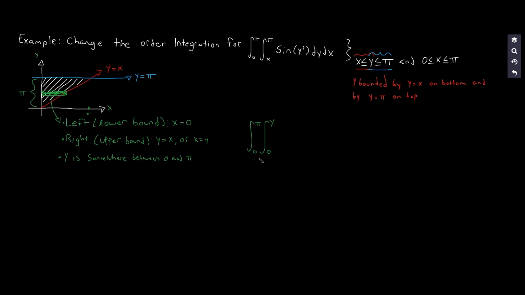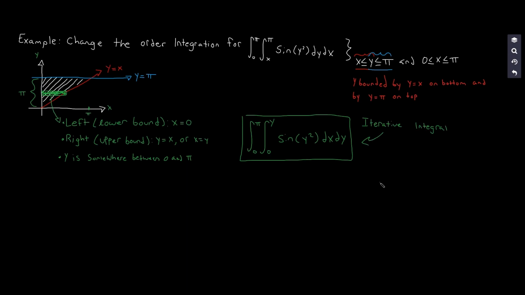So this is going to be the integral from 0 to pi times the integral from 0 to y of sine of y squared, integration with respect to x, integration with respect to y. And this is now a solvable integral. This is called an iterated integral. This can be solved with u substitution.